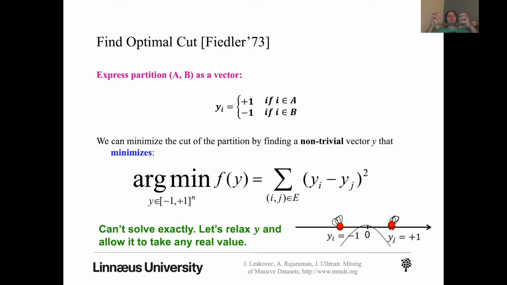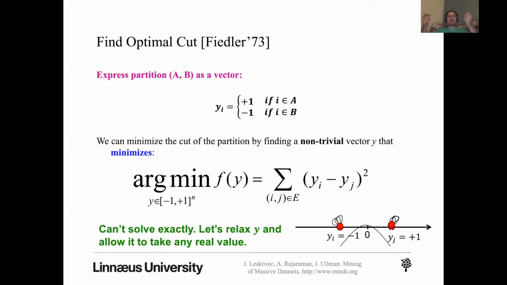So let's say you give a label of +1 if the node is in A, and -1 if the node is in B. This is what this vector is. It's just a vector of labels that has the same size as the number of nodes in your network, and then each node will get a label.